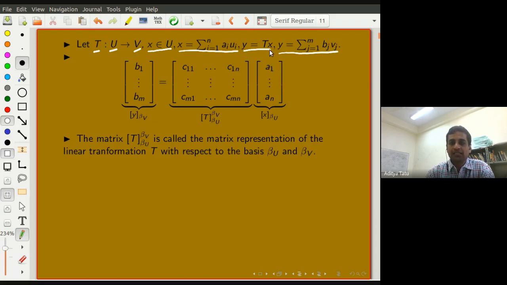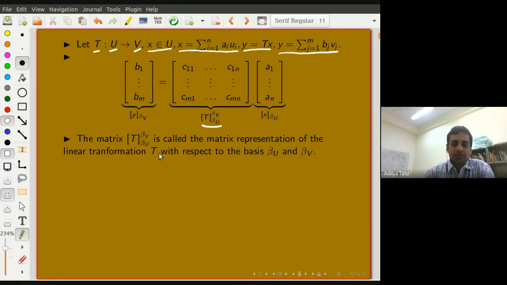So as you can see, the linear transformation T gives you a relation between coefficients of the bases of U and coefficients of the bases in V. That relation can be written simply as a matrix.